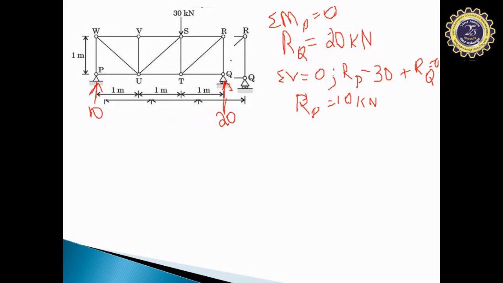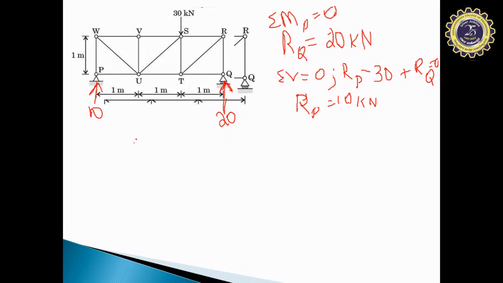So we found this to be 10 and this to be 20, right? Now at Q we have 20 that is coming towards the joint, yes or no? The reaction is towards the joint. So, since we have one vertical member passing through joint Q, in member RQ, in order to counteract this compressive force, why is it a compressive force? The force of 20 kilonewton is coming towards the joint.